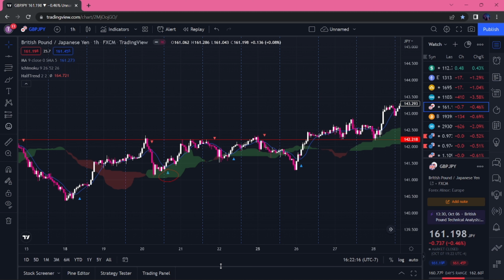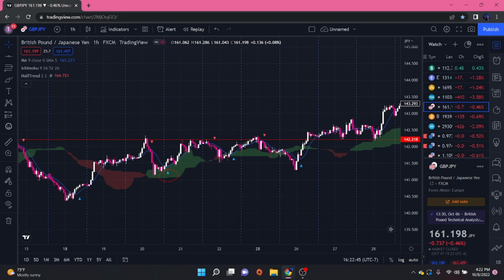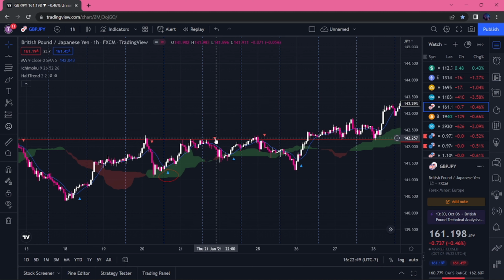Also, because you're trading on a lower time frame, you can let your trades ride out a little bit longer, because these signals will appear a lot more. The lower the time frame is, the more these red and blue signals are going to show up. The higher the time frame is, the fewer these signals are going to show up. So on a 5 or 15 minute, you can choose to jump out when you see the next signal.